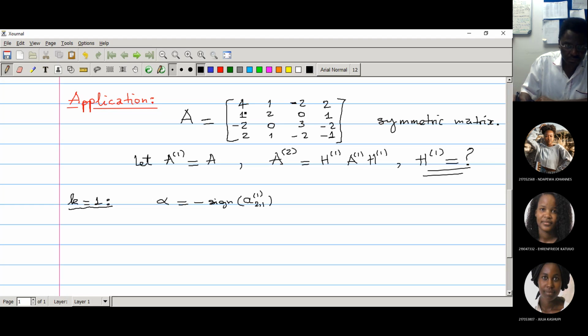Because we will keep this entry, and zero all the entries below that. So all the entries below this entry are those that we are zeroing. So we fix this one.